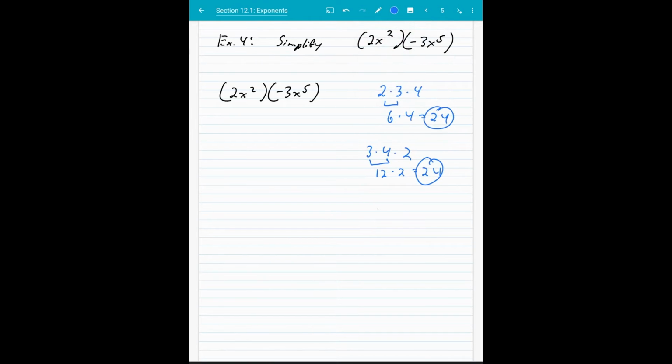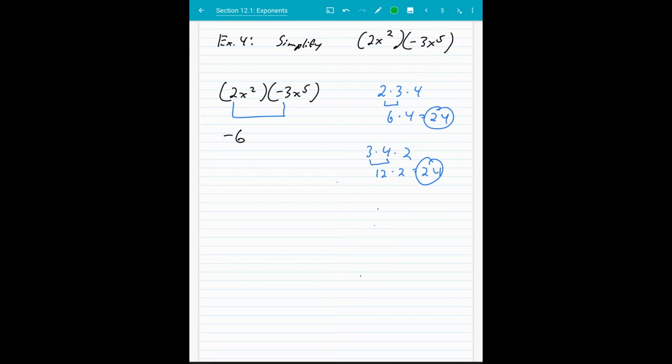So for this problem right here, we're going to multiply everything in a specific order to make it easier for us. So for instance, I have numbers and numbers, and then I have exponents and exponents. What we're going to do is multiply the numbers with the numbers first. 2 times negative 3 is going to make negative 6.